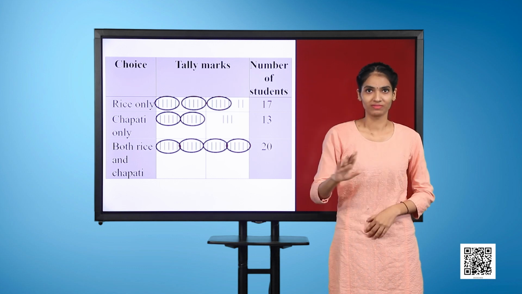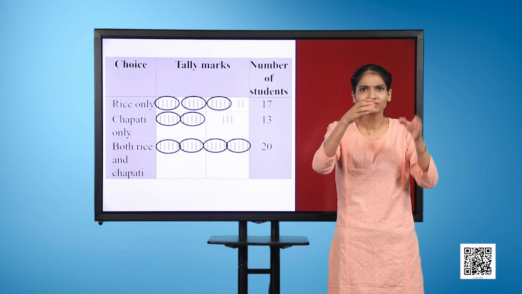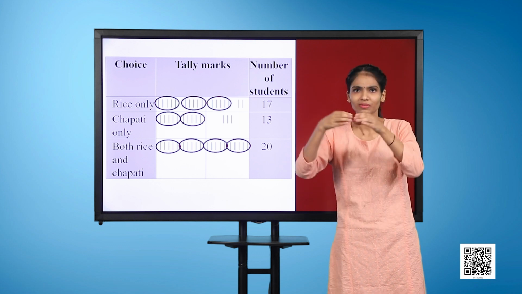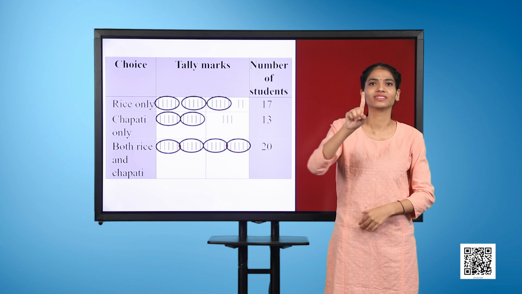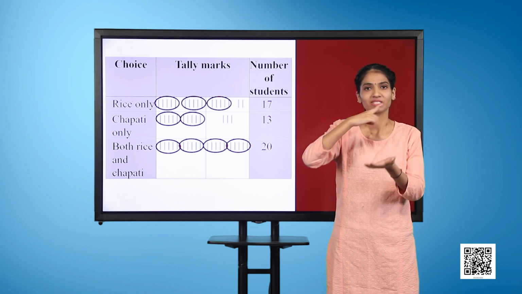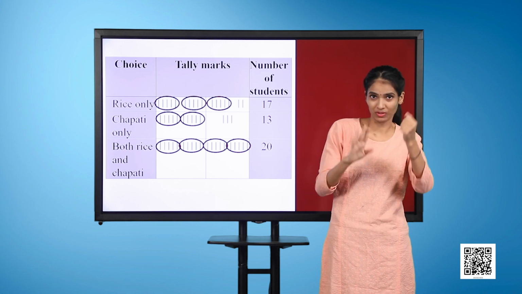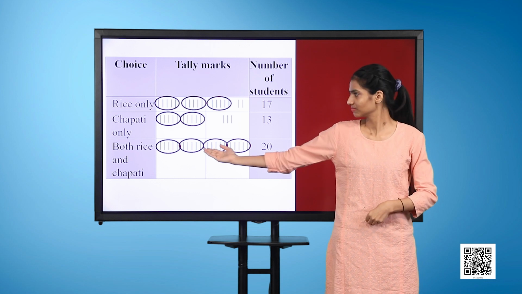Chapati only, 5 5 3, that's 13. Both rice and chapati, 5 5 5 5, that's 20.